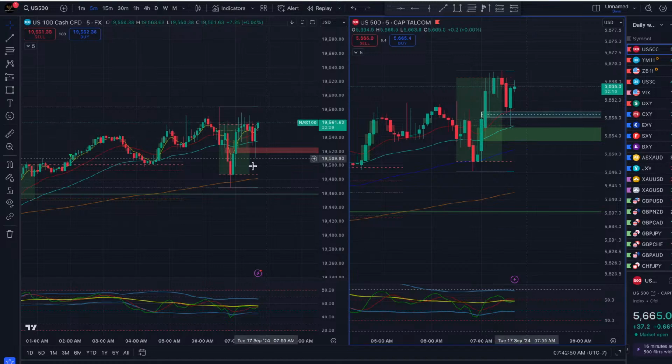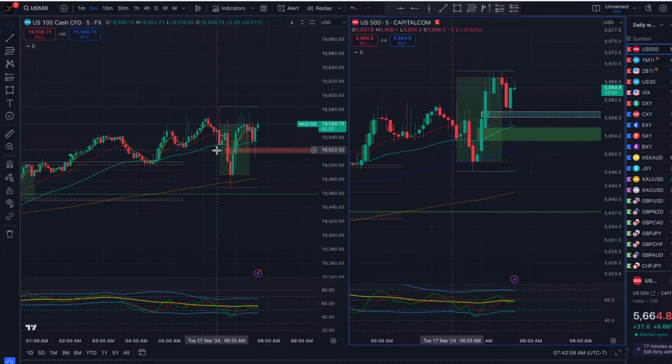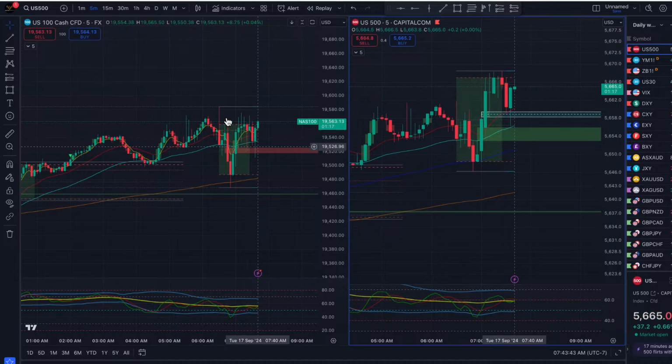Slowly pushing up. We are still bullish. So NAS took out all these stops, punishing anybody who went in long here, engineering liquidity on both sides.